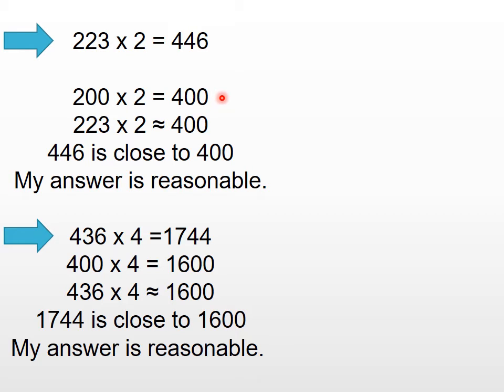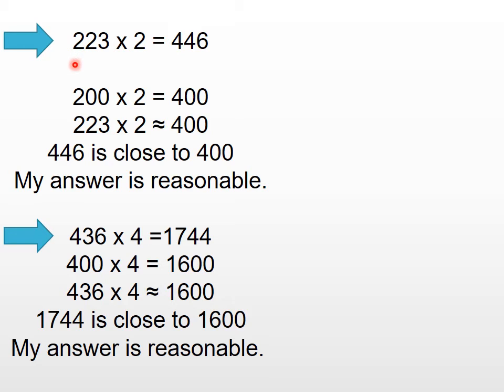How would I make myself satisfied, and how would I prove that my answer is reasonable? I know that 223 multiplied by 2 is 446. But how would I show that my answer is reasonable and actually correct?